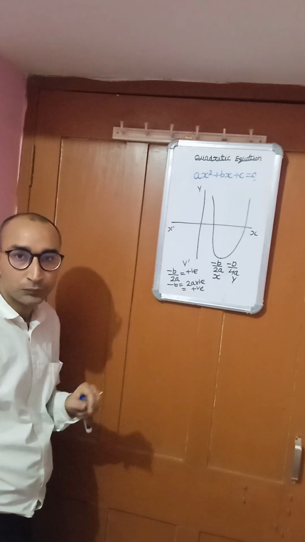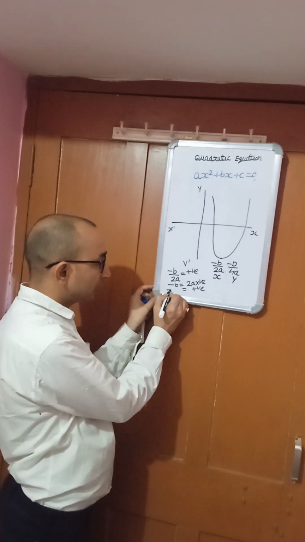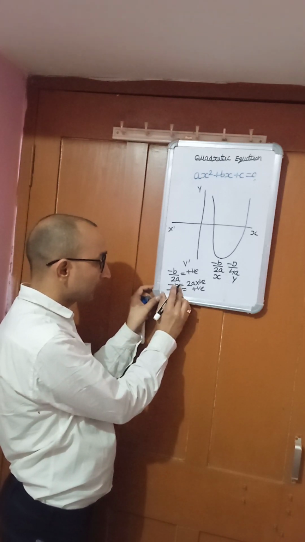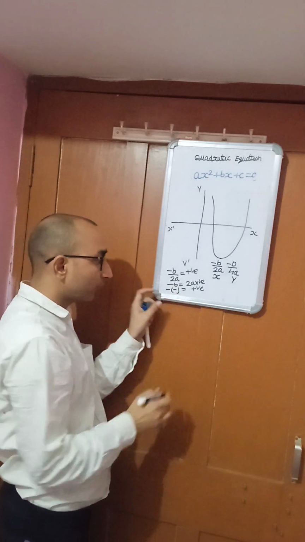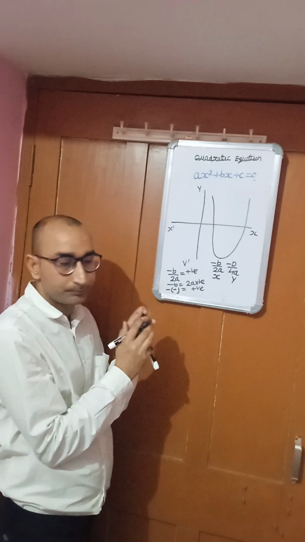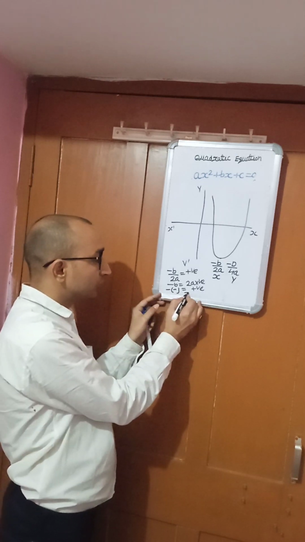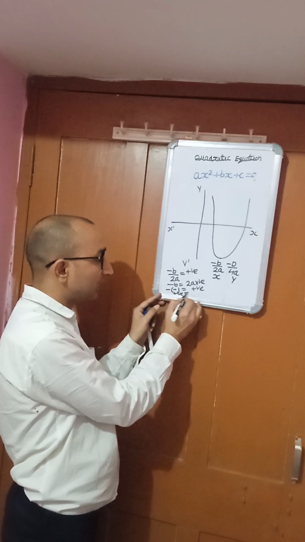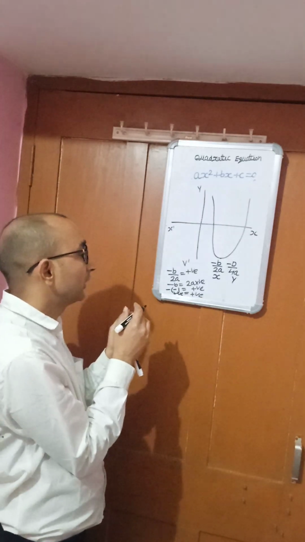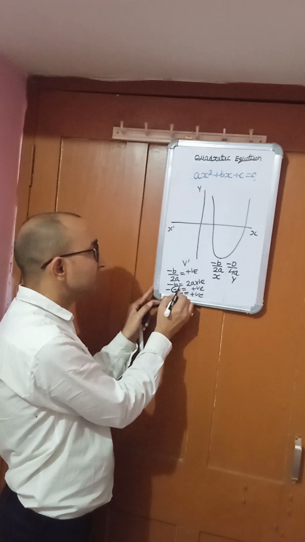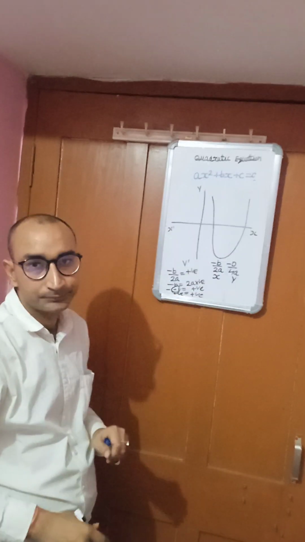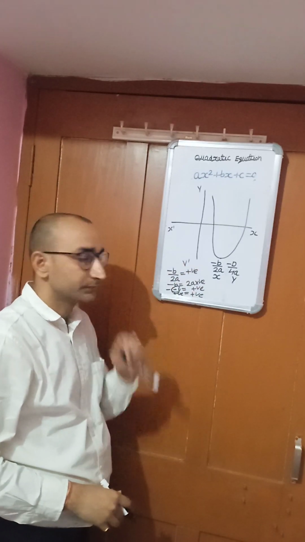This means the value of b should be minus, because minus minus becomes positive. So LHS is positive, RHS is positive. So the value of b is minus in this quadrant.